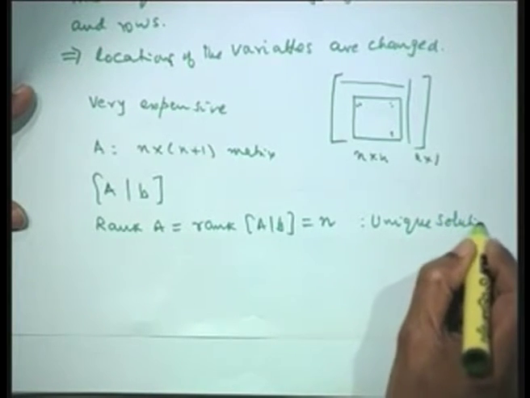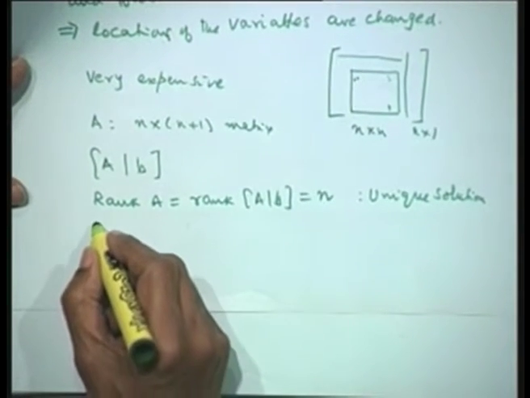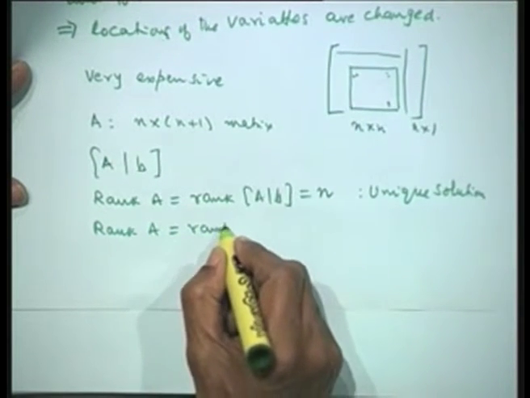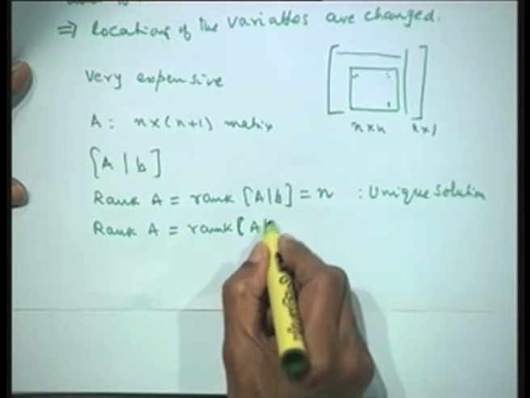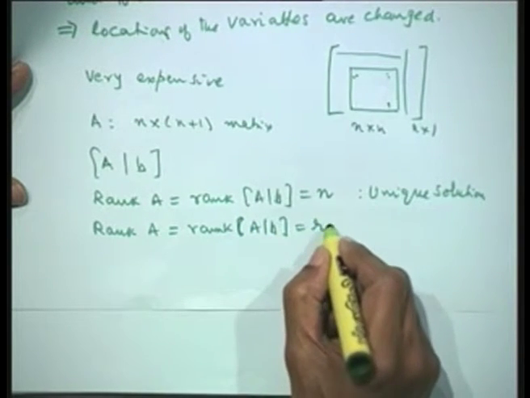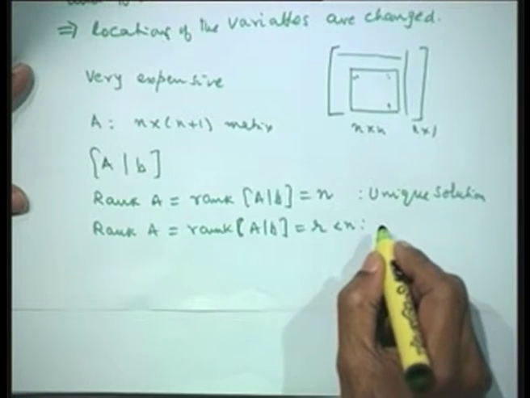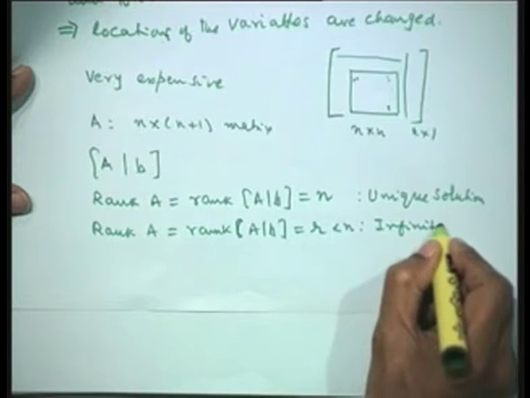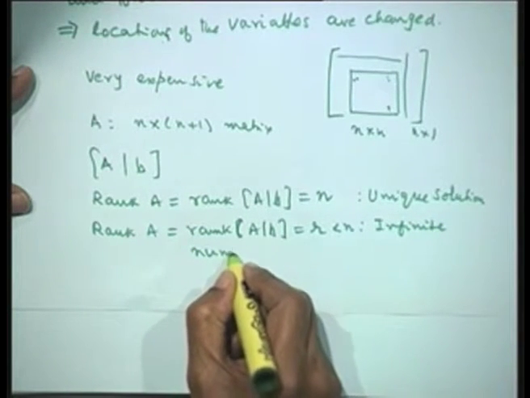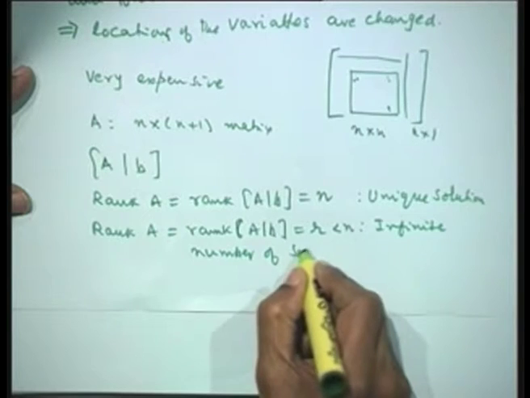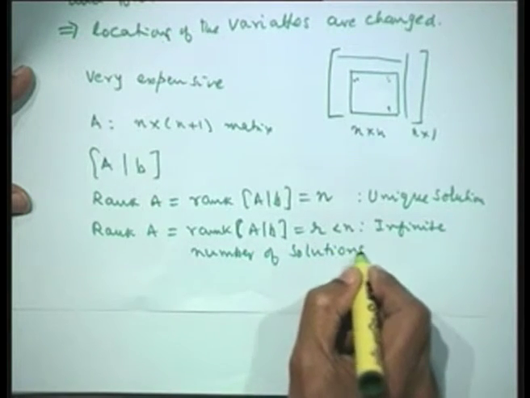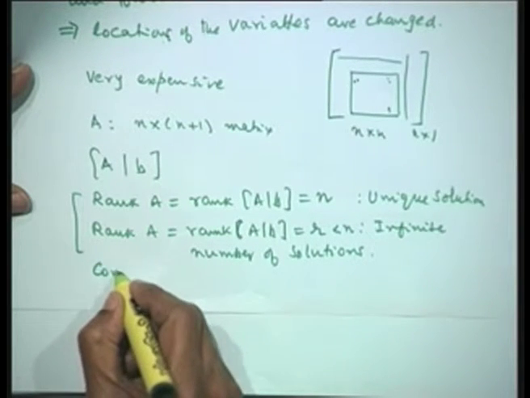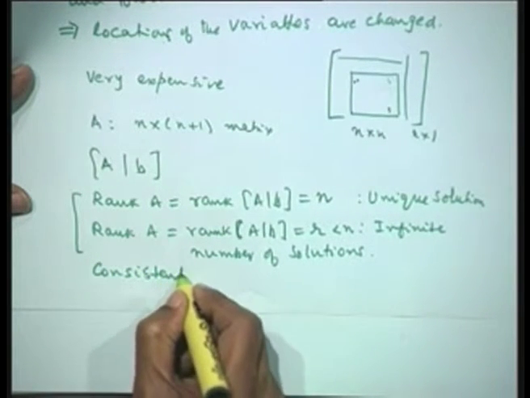Then if rank of A is equal to rank of the augmented matrix, which is equal to some r less than n, then we have an infinite number of solutions. In both the cases we call this a consistent system.